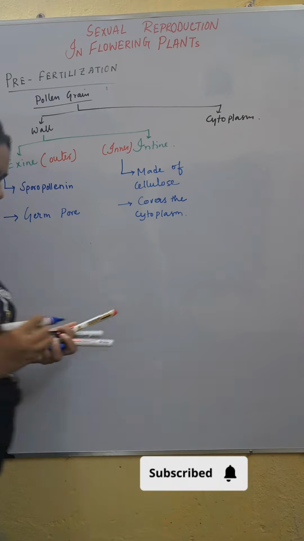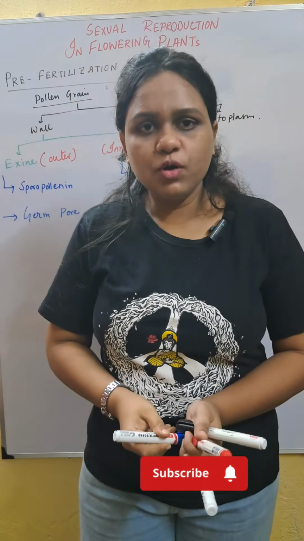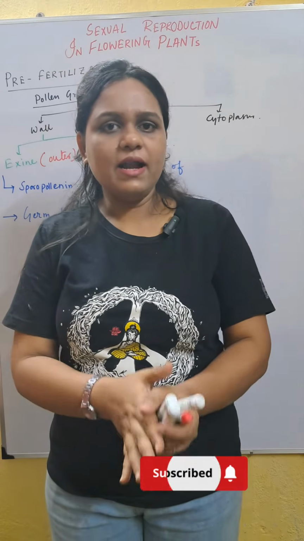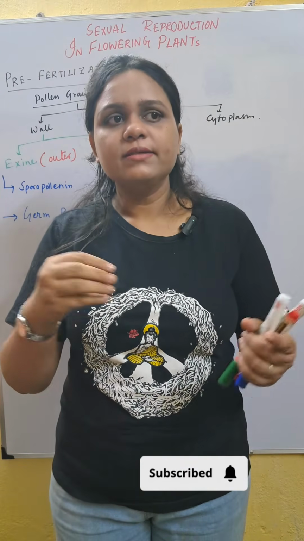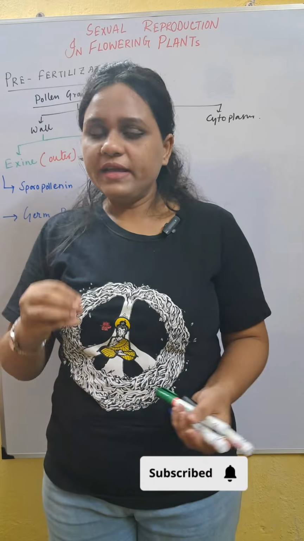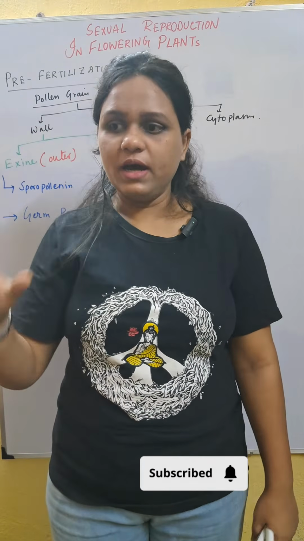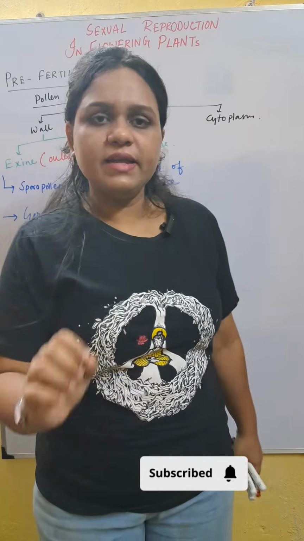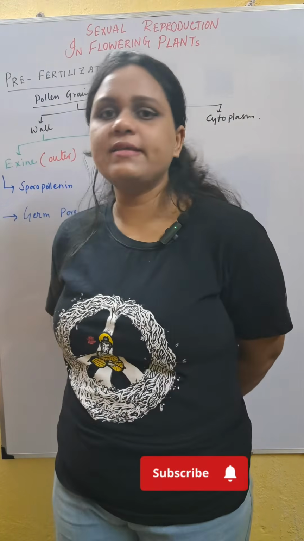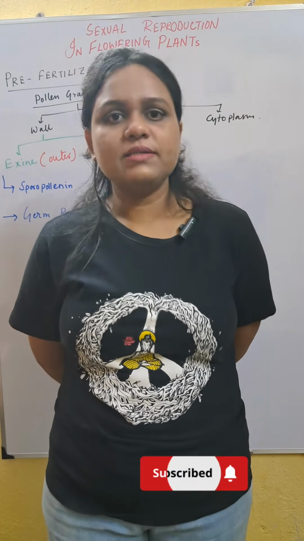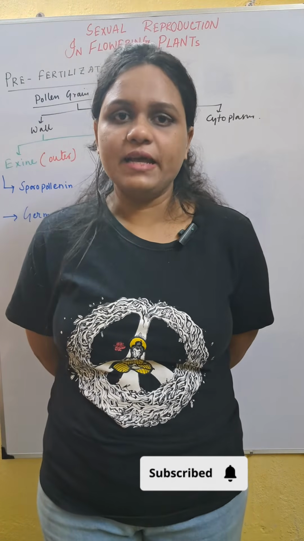Now let's understand what sporopollenin is. Sporopollenin is a polysaccharide, lipid and some sort of protein which forms a protective layer around the exine. So exine protects the cytoplasm of the pollen grain and the intine as well.